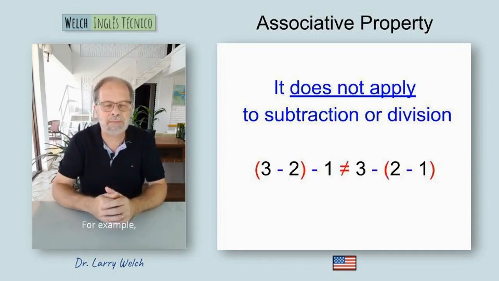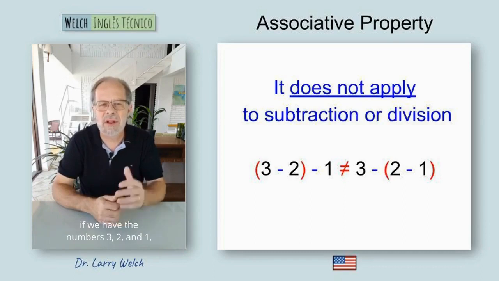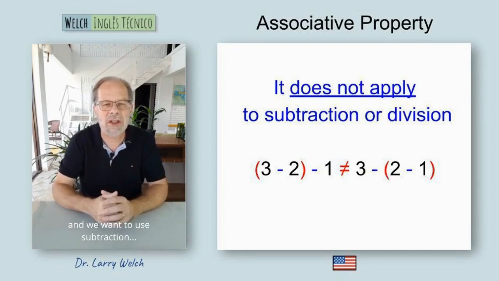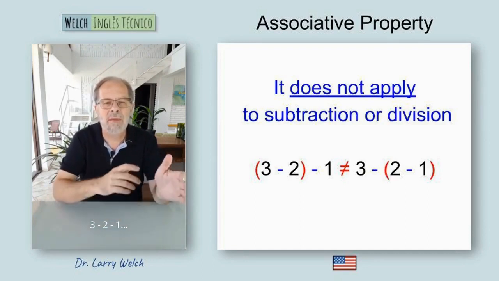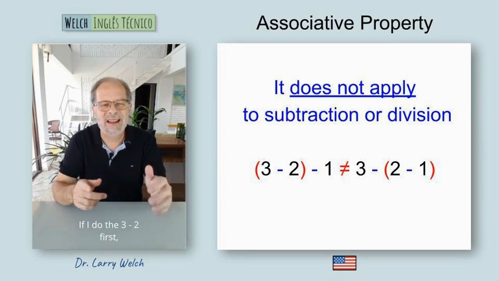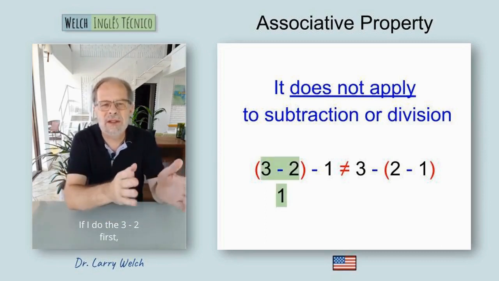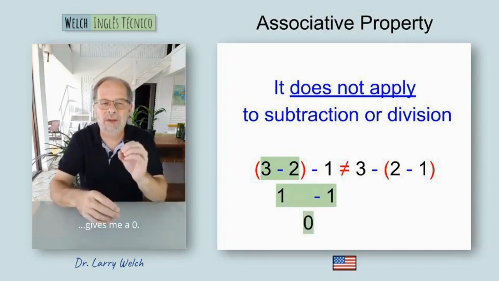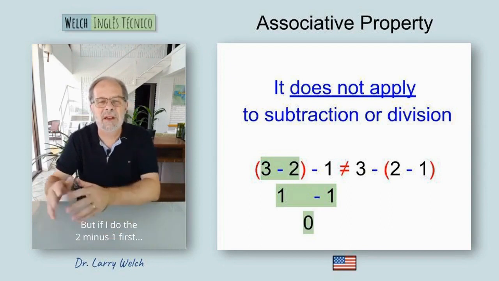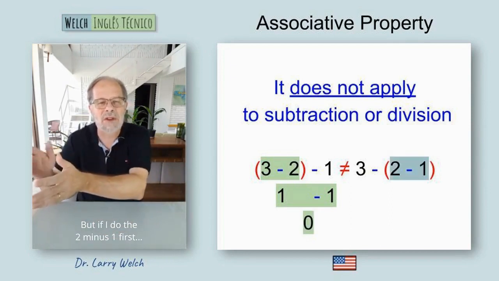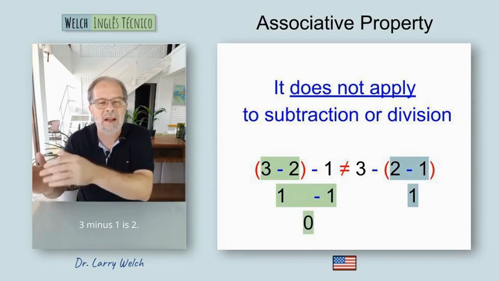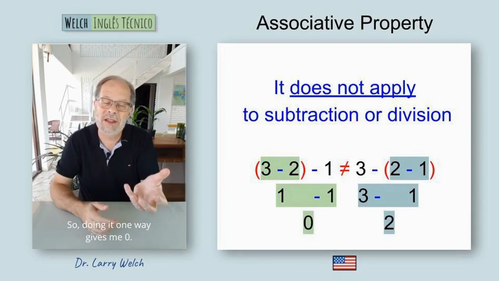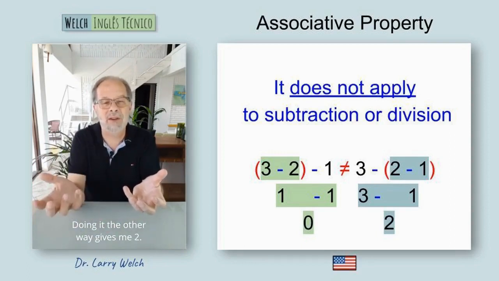For example, if we have the numbers 3, 2, and 1, and we want to use subtraction, 3 minus 2 minus 1, if I do the 3 minus 2 first, that gives me 1, minus 1 gives me 0. But if I do the 2 minus 1 first, 2 minus 1 is 1, 3 minus 1 is 2.